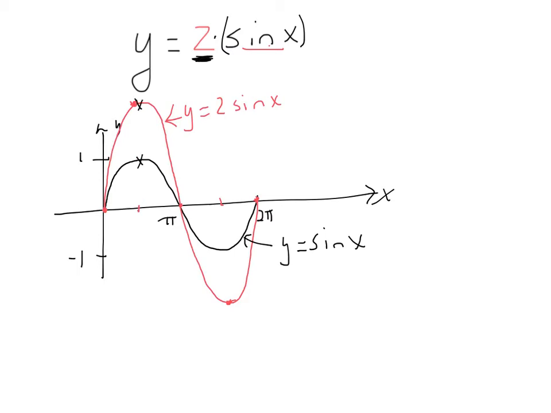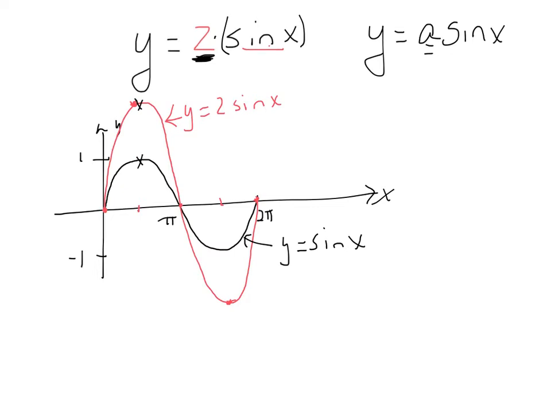The amplitude always sits right here. We use a as the variable that represents amplitude, very befitting. And so it always sits in front of the function.